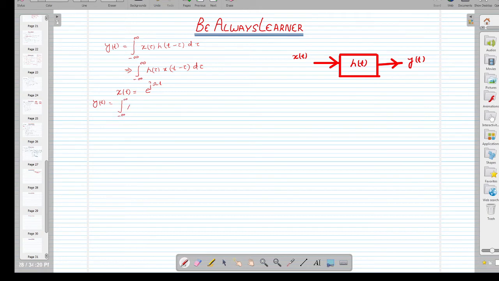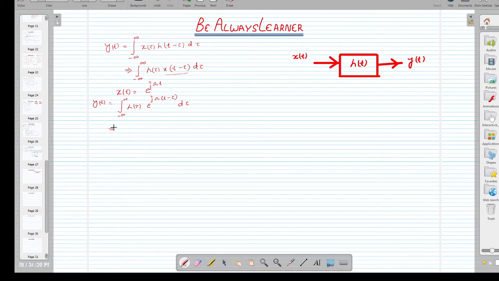So we have to put h(tau) and x in terms of e raised to the power j omega (t minus tau) d tau. So that is how we can represent it.